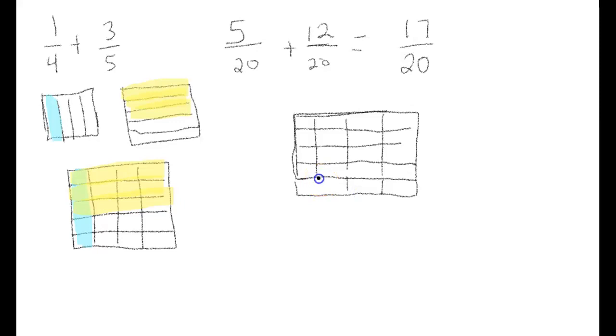Okay, so now I have a total of 20 units. That's the LCM. Instead of listing it out, this is just the model version. So now I can just shade in 17. 1, 2, 3, 4, 5, 6, 7, 8, 9, 10, 11, 12, 13, 14, 15, 16, 17. So that's the model representation. Now I do not need to convert this to a mixed number because it is not improper.